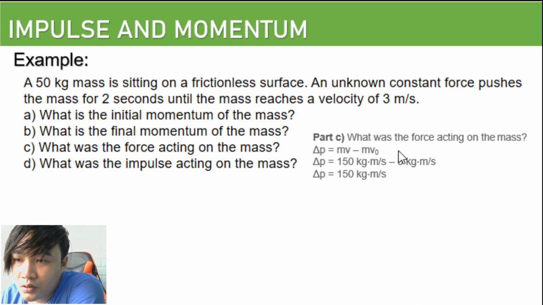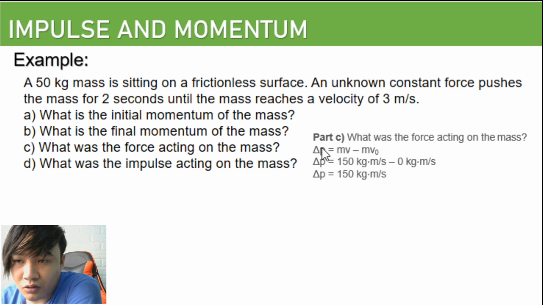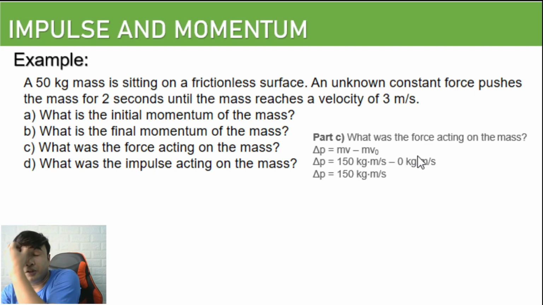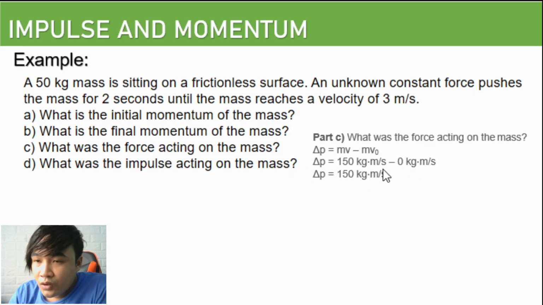Let's see. So what is the force acting on the mass? So yung delta P natin is equal to final momentum minus initial momentum. So yung change in momentum niya. Then change in momentum is equal to yung final natin is 150 kg meter per second, then yung initial momentum natin is 0. So yung change in momentum natin is equal to 150 kg meter per second.